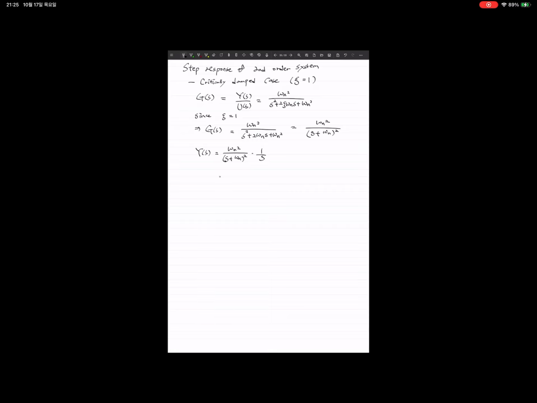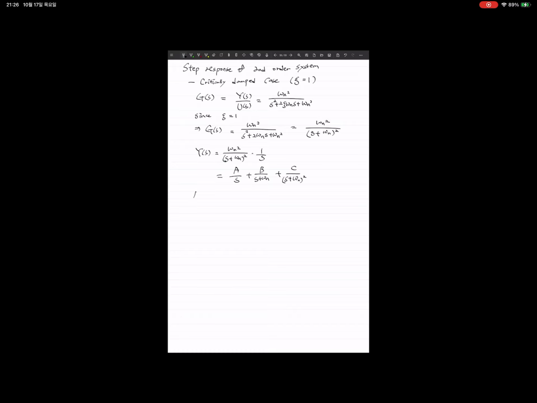To find the solution of this, we can do the partial fraction expansion: A over s plus B over s plus omega n plus C over (s plus omega n) square.